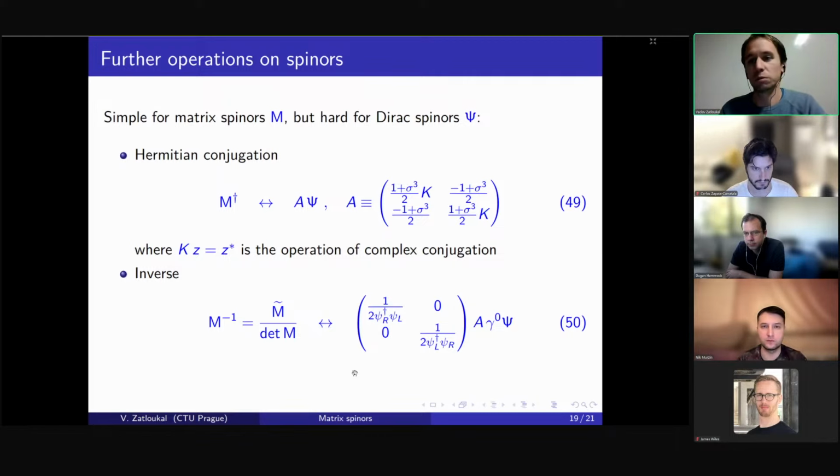Not sure, maybe someone uses them, but at least they are not standard. But on the level of matrices, this is like the first thing you would do with a matrix. So maybe writing things in this matrix representation for spinors would open some new ideas for how to deal with spinors.